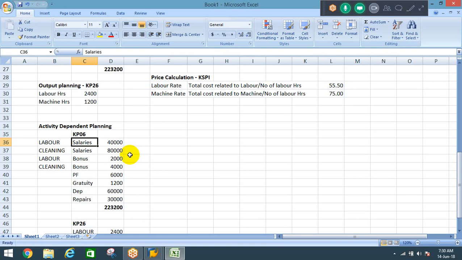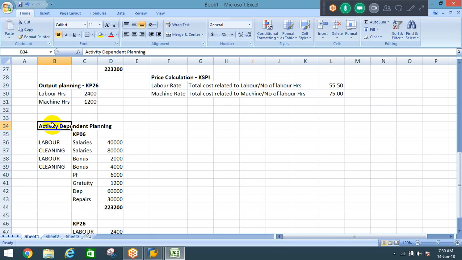But how do they plan with respect to activity type? Planning is very difficult. For each activity type, salaries for each activity type, it is very difficult to plan. So that is the reason no one will use activity dependent planning.